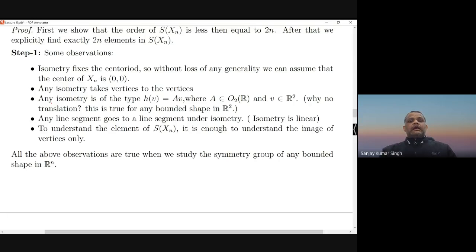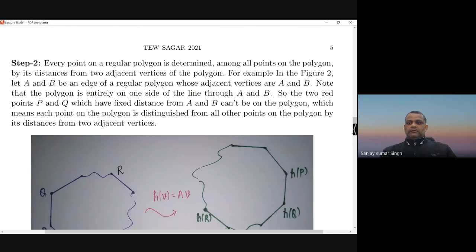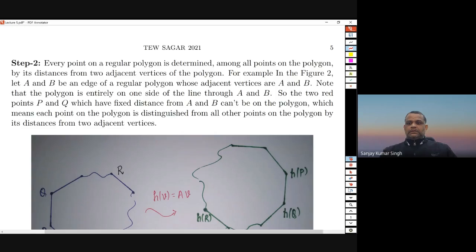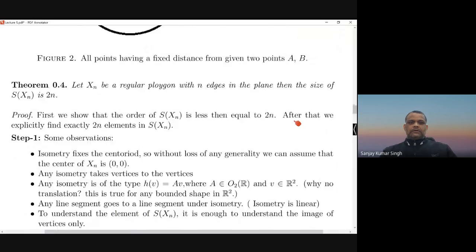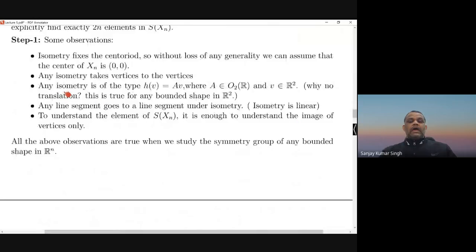Second, whenever I take a polygon, where do the vertices go? Vertices always go to vertices. Third, as I have already mentioned, any isometry will be of the type h(v) = Av, where A belongs to O2(R).